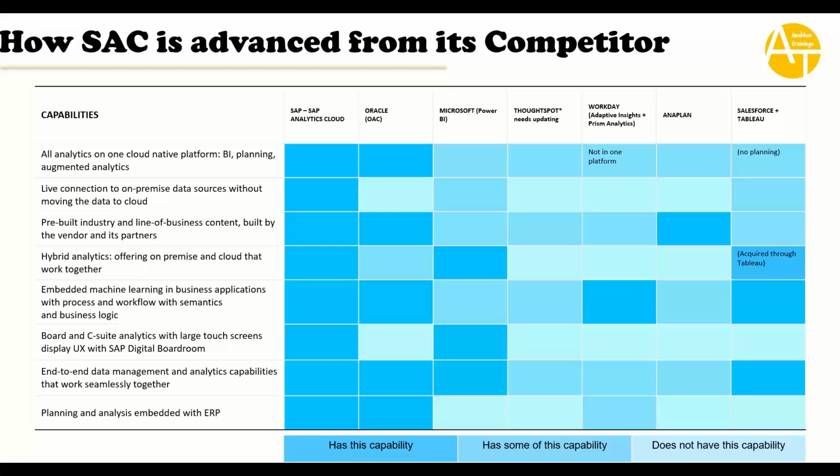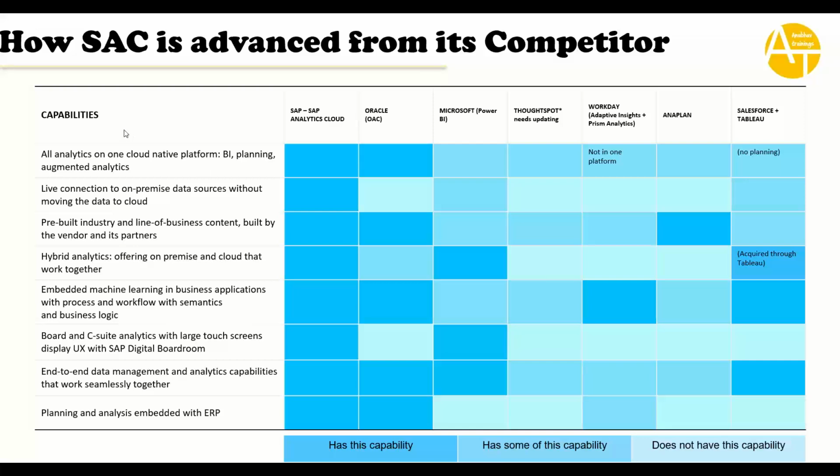Then we have end-to-end data management and analytic capability seamlessly together. These are the four tools: SAP, Oracle, Power BI, and Tableau win the race in this category. And then we have planning with embedded ERP. Here SAP Analytics Cloud can integrate with SAP BPC and BW systems to perform planning, and also has embedded capability with ERP.